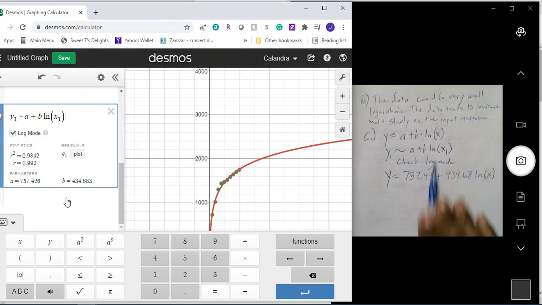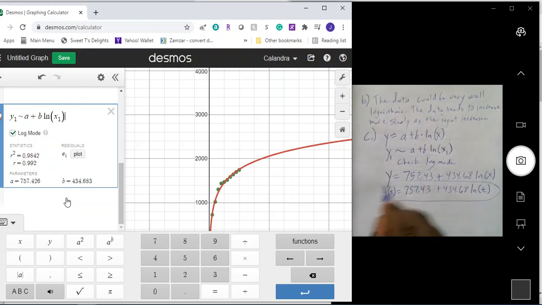Okay, this is rewriting it as this here. But remember, we must put it in g of t and t form. G of t represents your y. So it'd be g of t equals 757.43 plus 434.68 natural log, and then t represents your x.